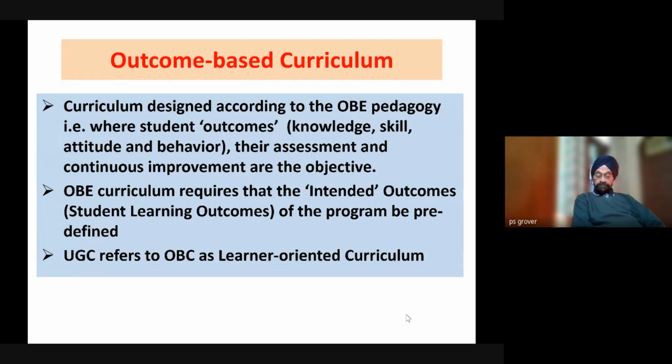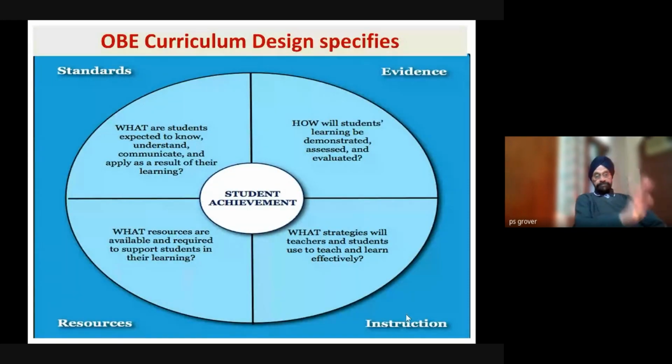What we are discussing today is how to design a curriculum which is learner-centric and which yields us those things.